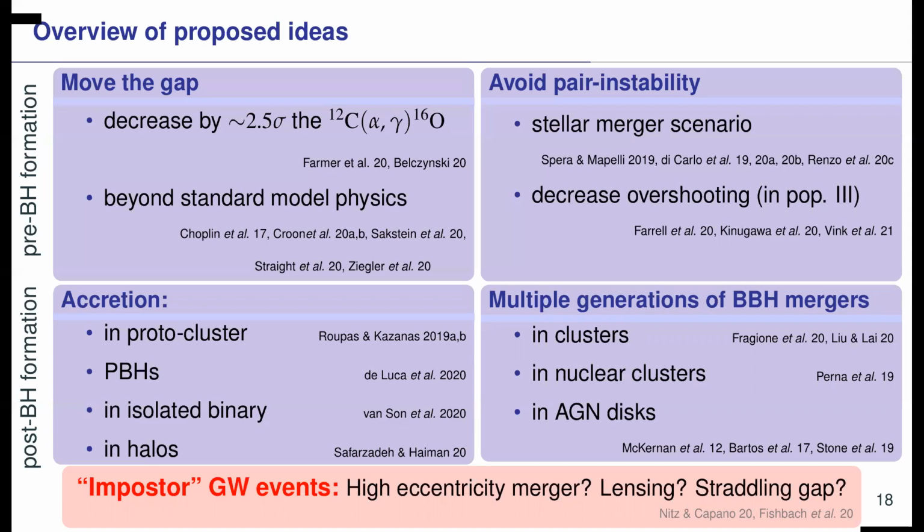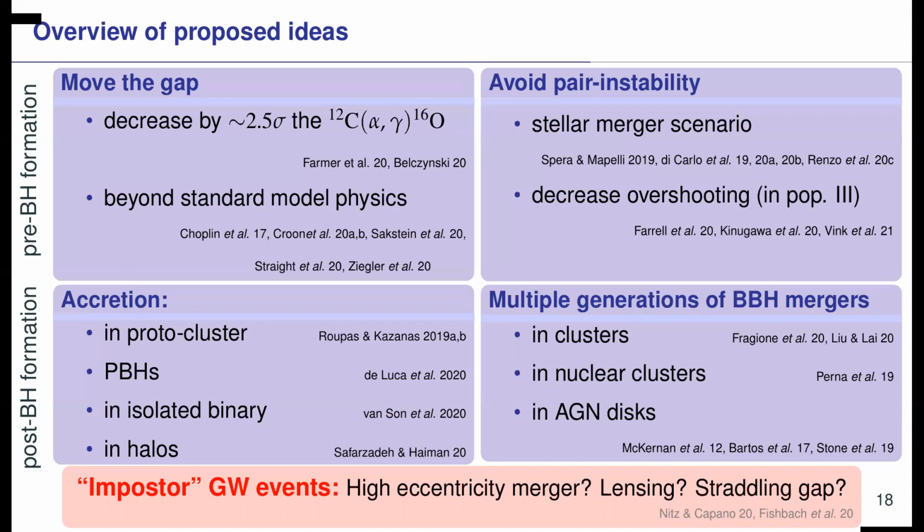There could be lensing effects, although the rate disfavors this explanation. Or if you change the priors in the LIGO analysis, people have shown that you can find solutions that are compatible with the data, where you have one black hole above the gap and one just below the gap. So what's the solution among this landscape is still completely debated.